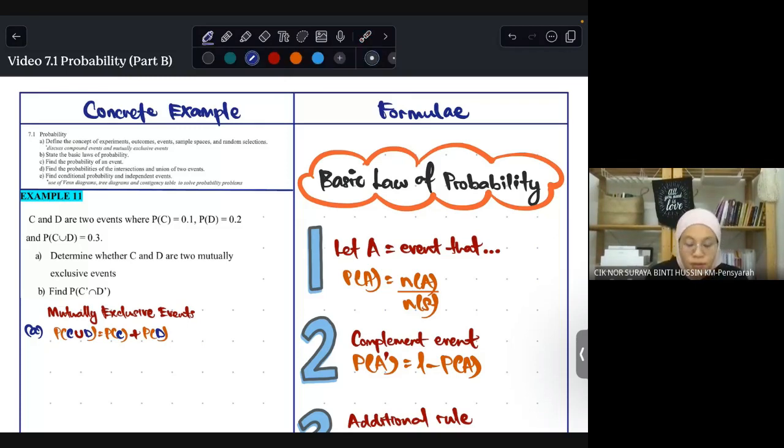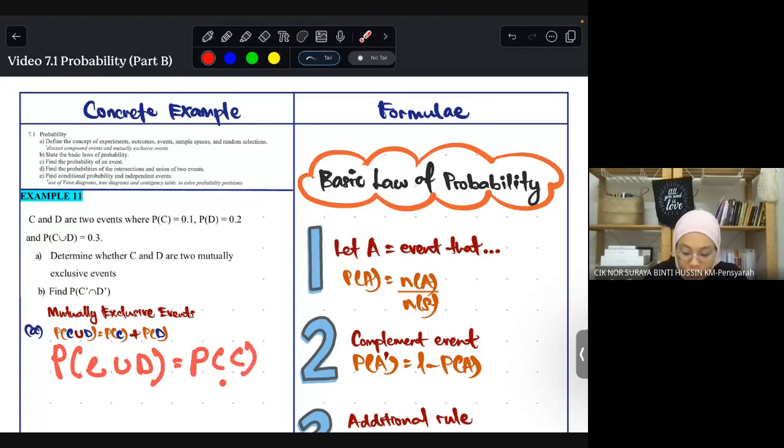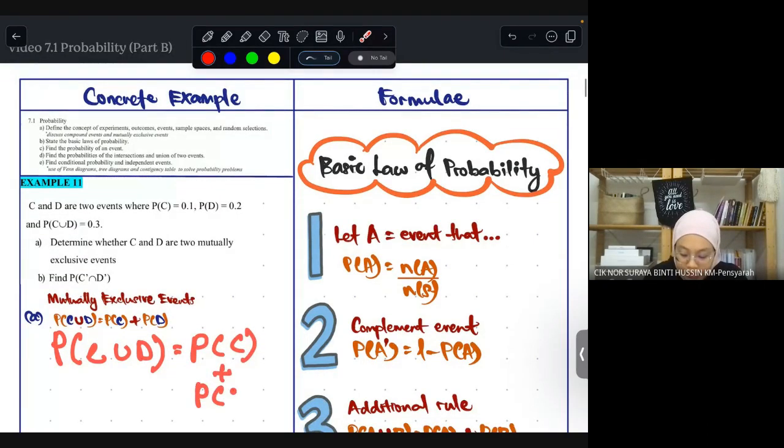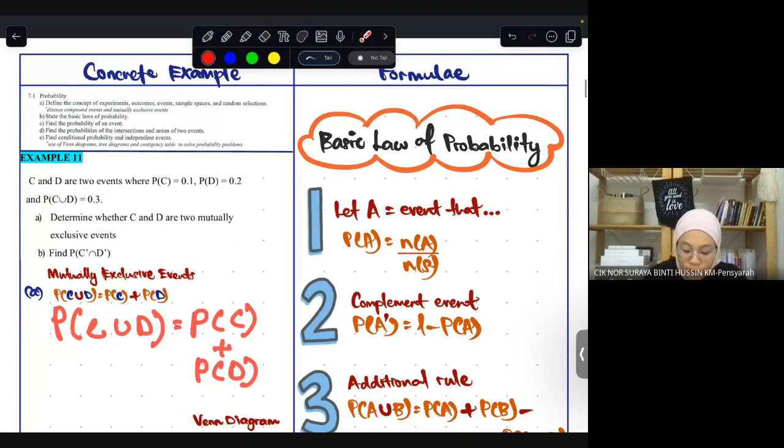That is by using a formula that is very commonly used in probability, which is this formula: the probability of C union D is equal to P(C) plus P(D), and then minus its intersection.